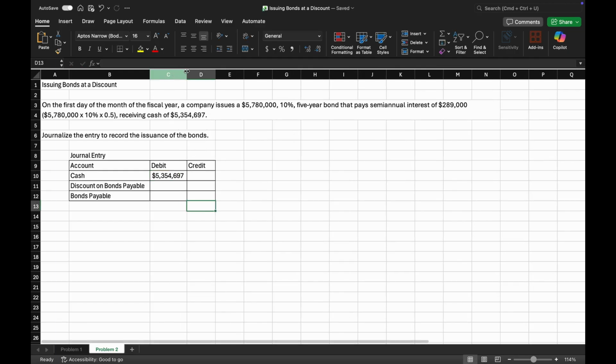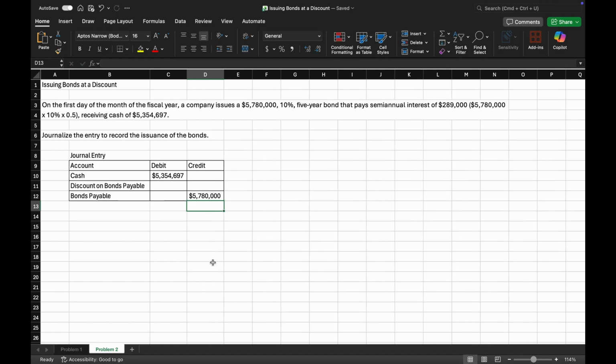We know that the face value of the bond was $5,780,000, so let's put that as the credit to bonds payable.